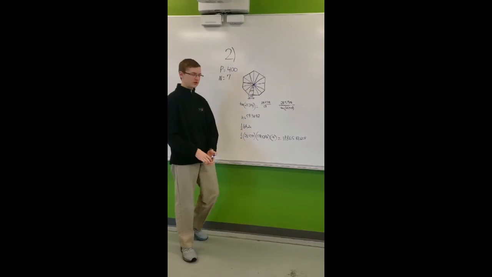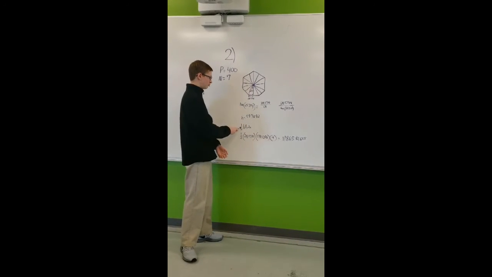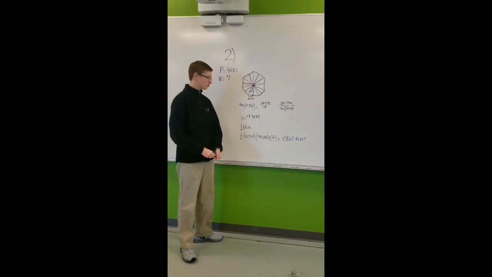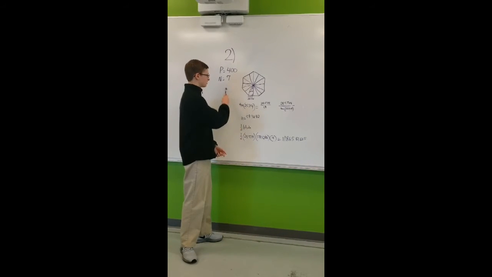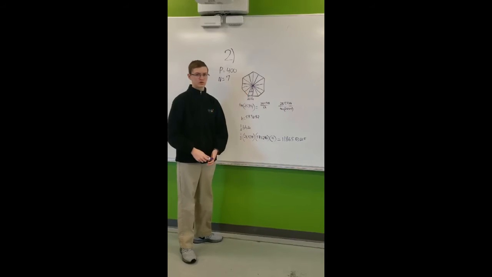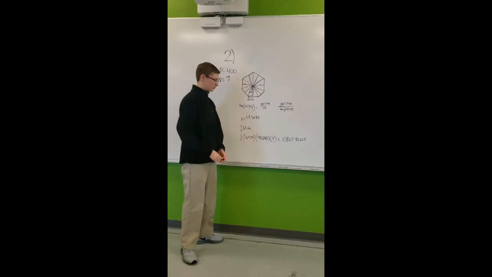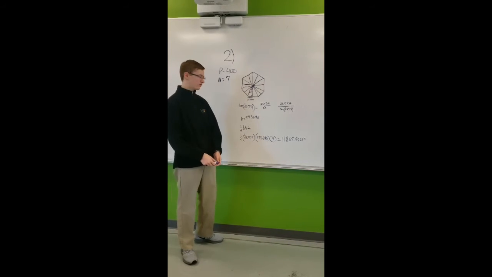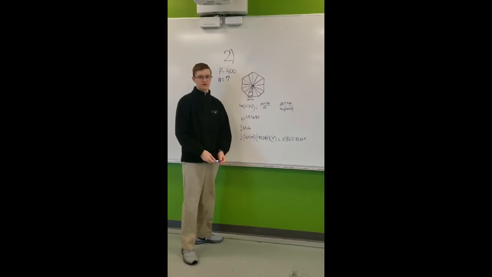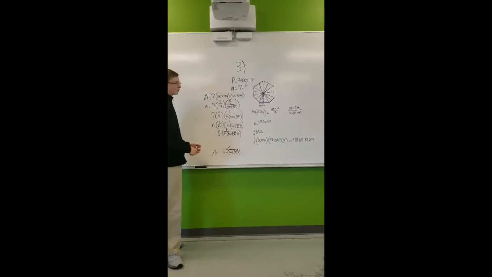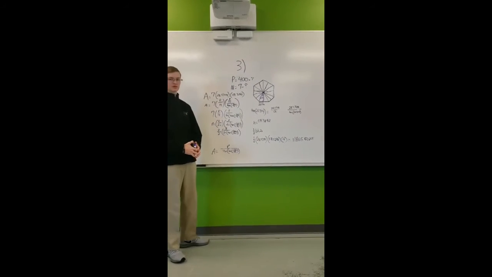Then to find the area of the whole thing, we did half base times height to get the triangle, and then times the number of triangles, 14. So we plug that in, and we get 11,865.83655 for the area.